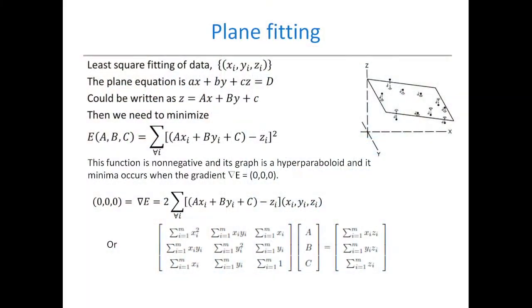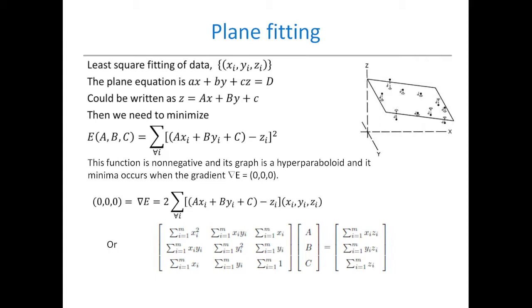The second problem is fitting a plane into our set of points. If we have a set of points xi, yi, zi, usually the equation of a plane will be ax plus by plus cz equals d. Often we write the equation of the plane using the normal.